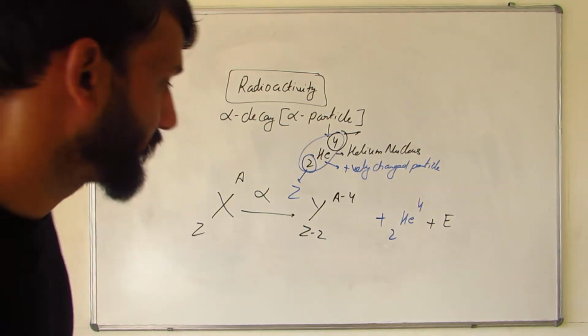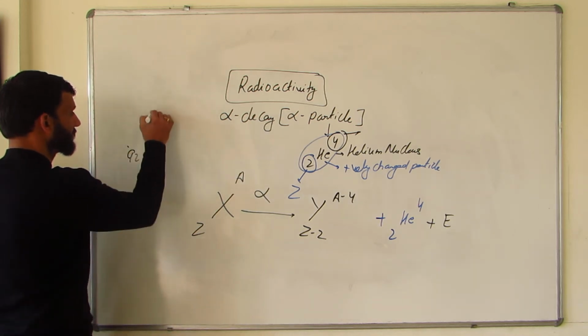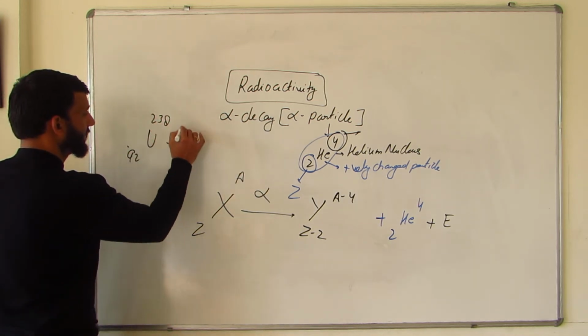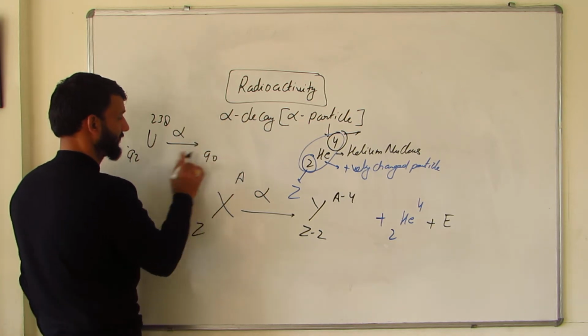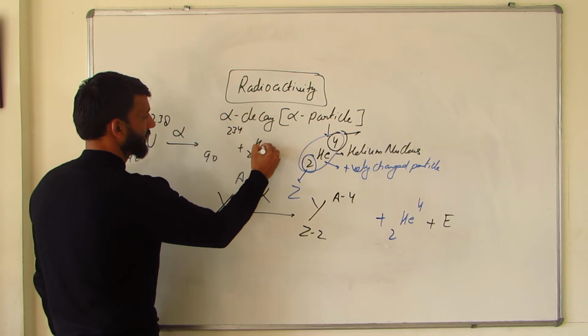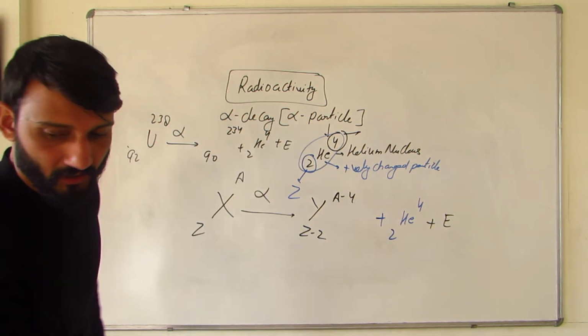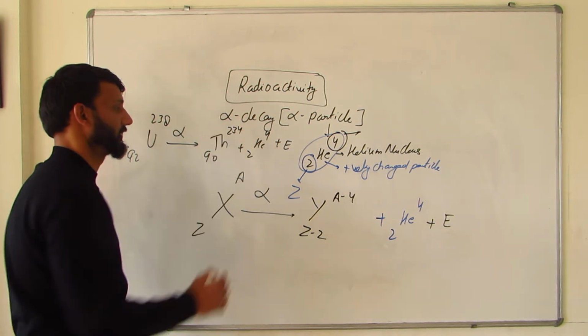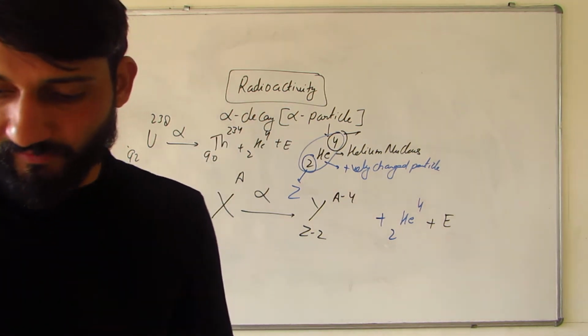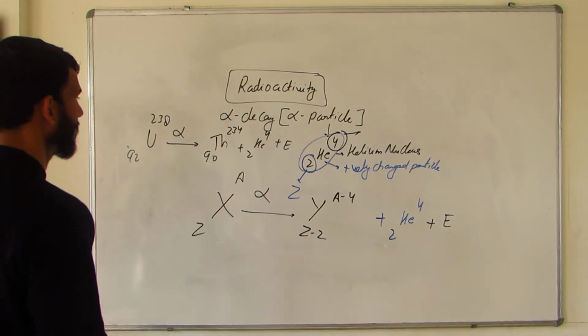As an example, uranium 92, 238 undergoes alpha decay to give 90, 234 plus 2He4 plus some amount of energy, and this is thorium. So thorium comes out, right? This is one example of alpha decay. I hope you understood this.